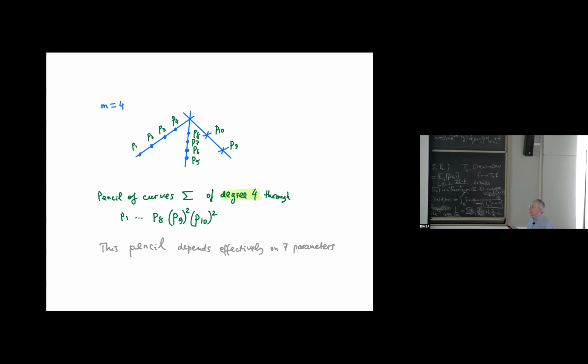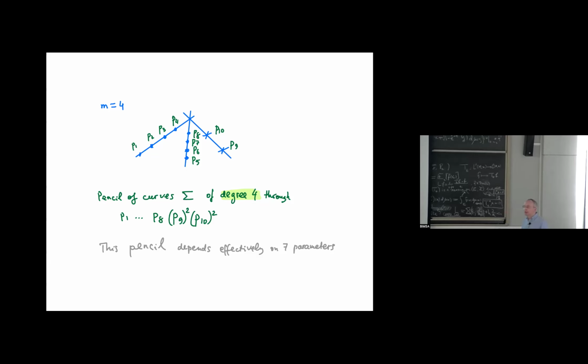Now the curves you're looking for would be not cubics, but quartics. They should pass through all these 8 points here, but also they should have ordinary double points at these 2 points. Okay, so quartics with 2 double points, it is well known that they have geometric genus 1.